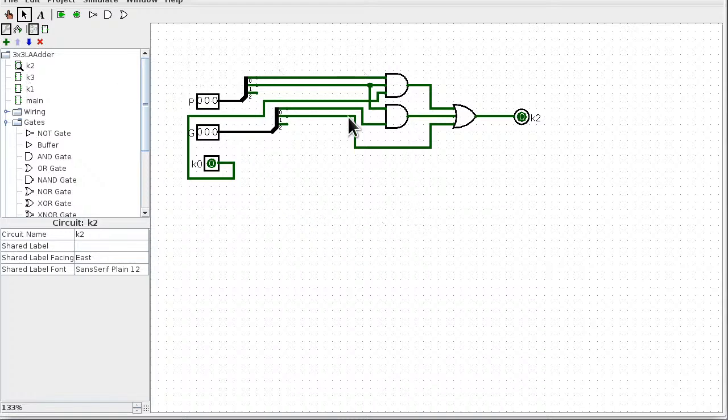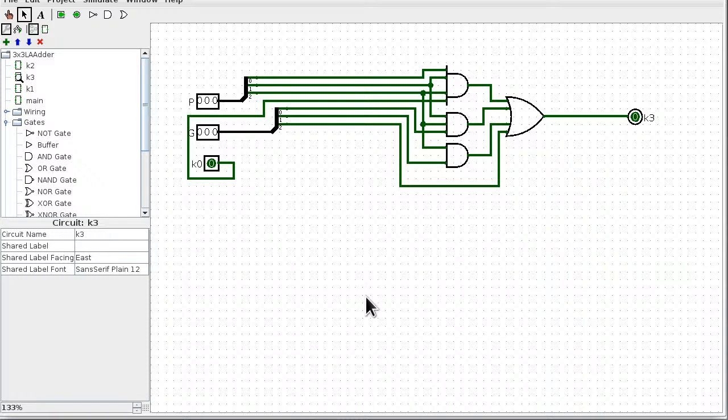I got rid of the stuff that is in between, and changed the AND gates and also the OR gate just a little bit. K3 is a little bit messy, but it's not too horrible. It is still reasonable.